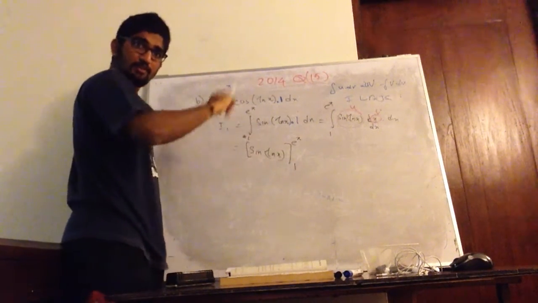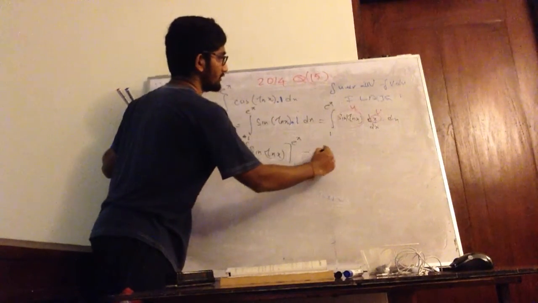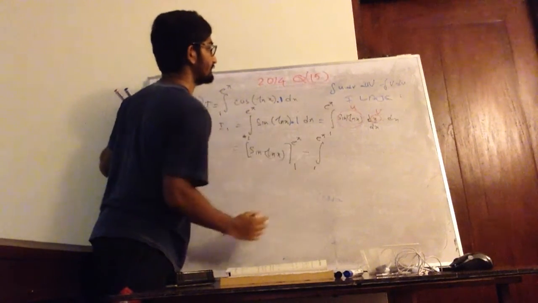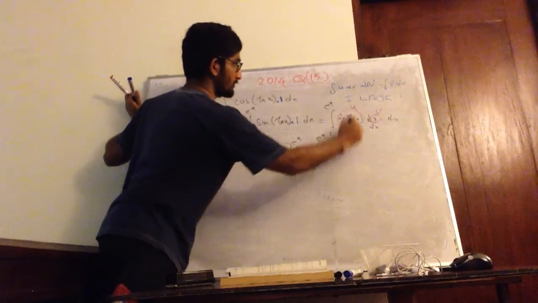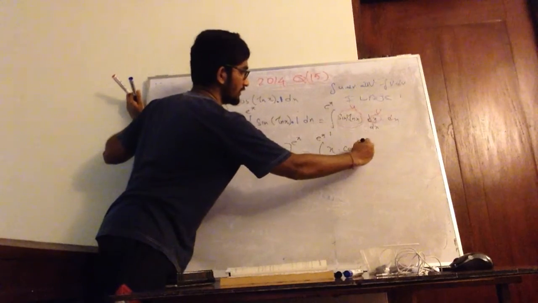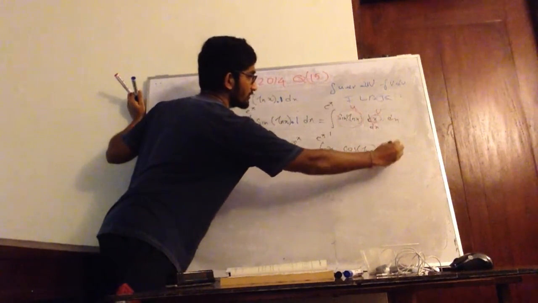In the previous one also the limit should be there. Minus the integral from 1 to e^π, so x, and you differentiate this part, that is cos ln x. We will differentiate ln x, which is going to be 1 over x dx.